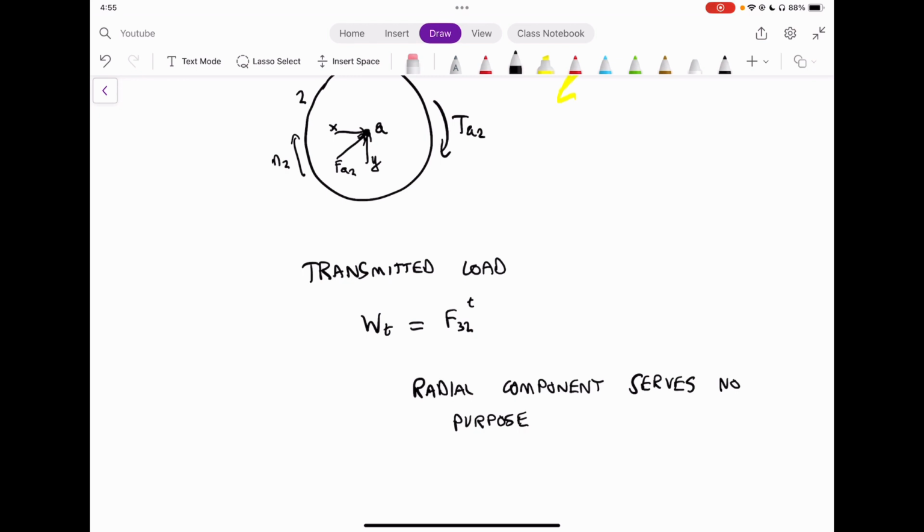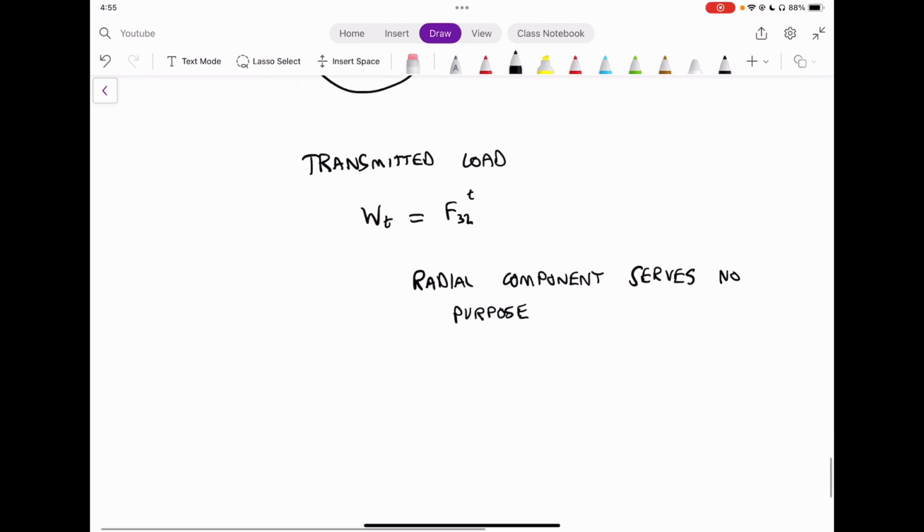Now, what we can do is start writing down some equations based on this free body diagram. So the first equation that we can write is what the torque would be equal to from A to 2 as a function of different things on the diagram. So we can say T A to 2, or the axle to 2, is going to be equal to D2 over 2, which is the diameter of 2 divided by 2, or the radius, times WT.